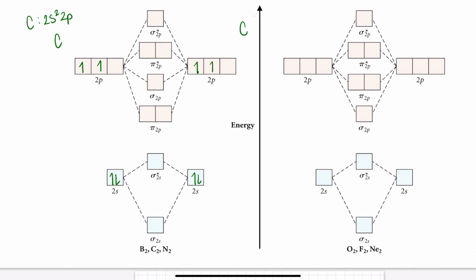Fill in your electrons. 1, 2, 3, 4. 1, 2, 3, 4. Look at your bond order. So this is my molecular orbital diagram. Now I want to find my bond order.